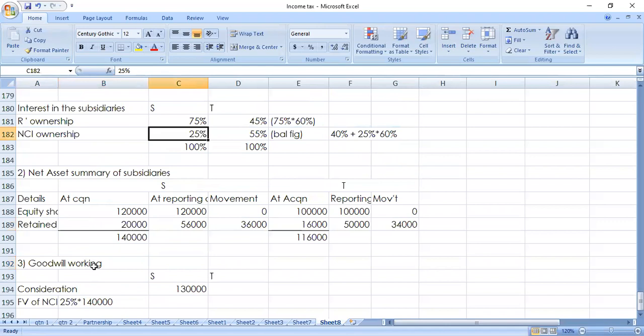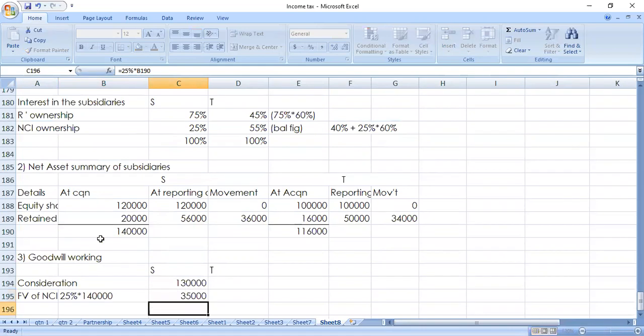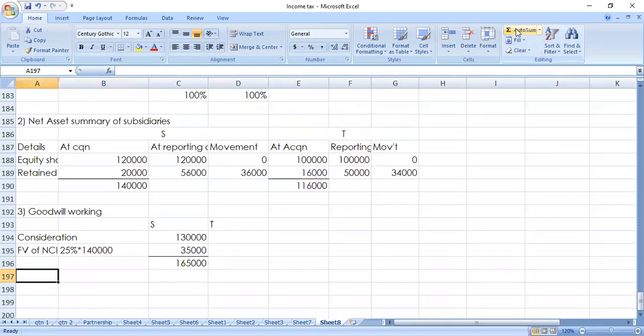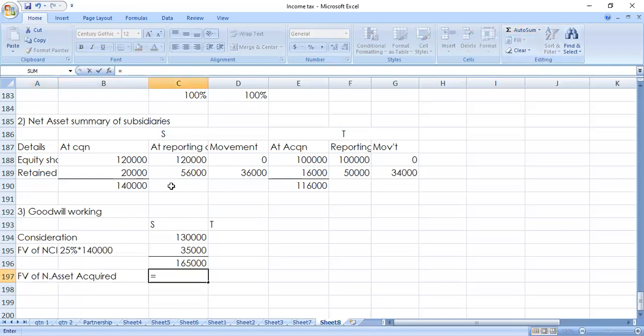Okay, NCI. So what you get is 35,000. Then you get the total consideration, which is gotten by the parent's share and the NCI's. Then you deduct the value of net assets acquired, which comes from working number 2, the 140.